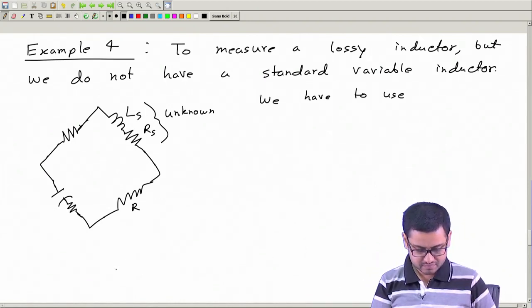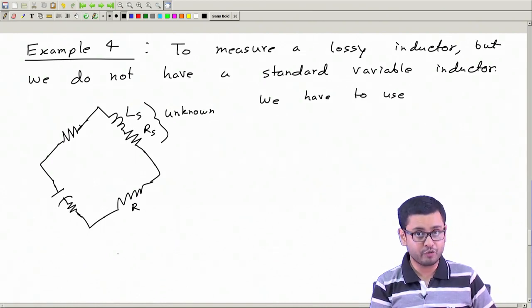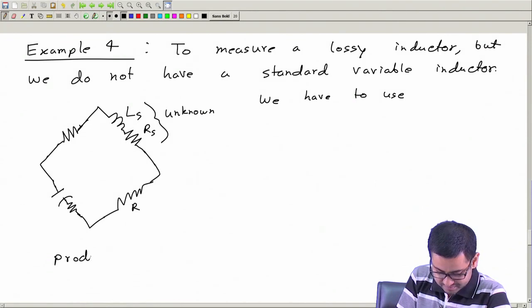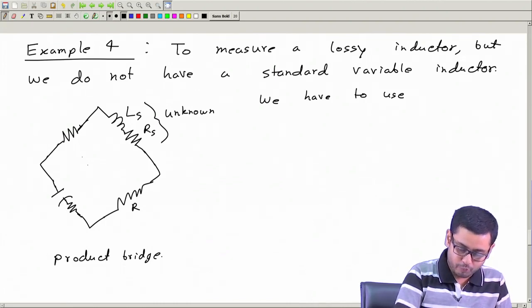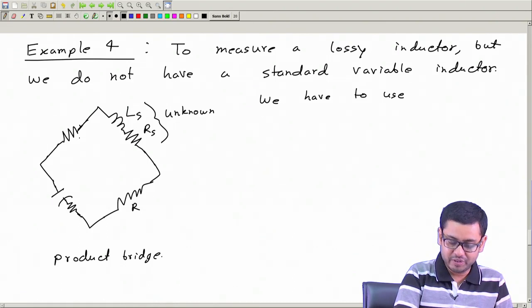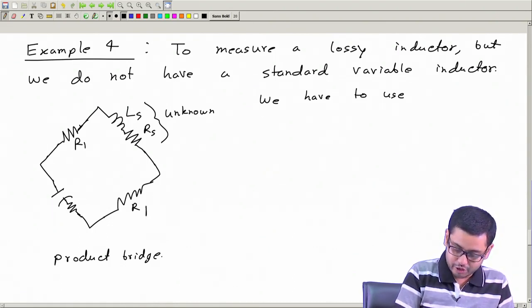and this is also, you observe, going to be a product bridge, because you see the sum of 2 opposite arms here are chosen to be pure. Call this R1, 2, 3, R4.